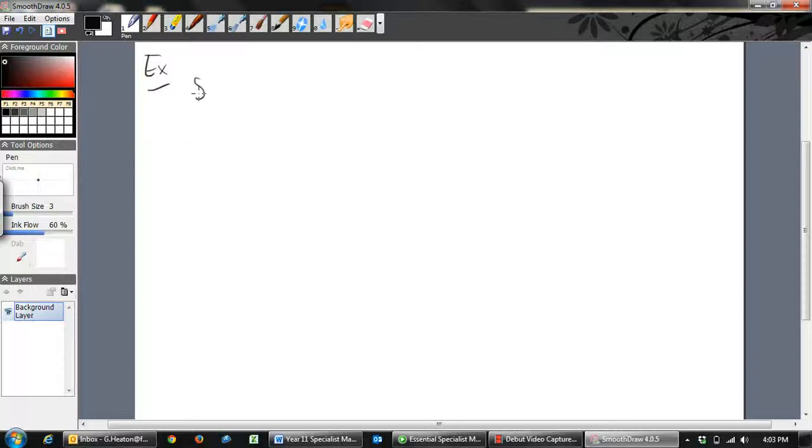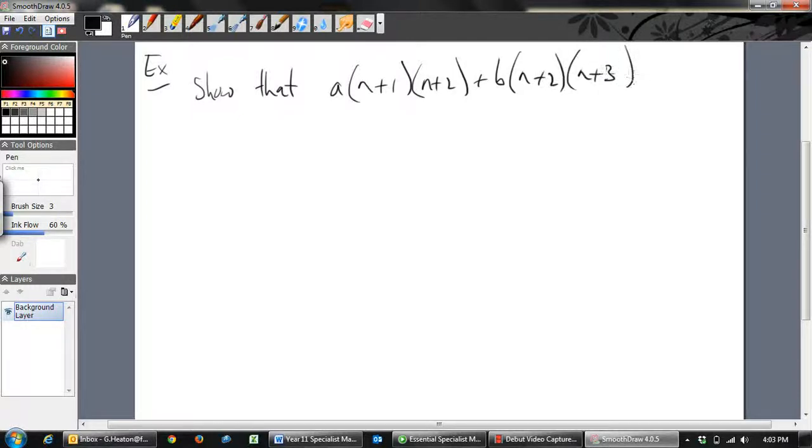Let's just do something like show that a(n+1)(n+2) + b(n+2)(n+3) cannot be expressed as n squared. Okay, so let's have a look at this problem here. Show that that cannot be written as this.